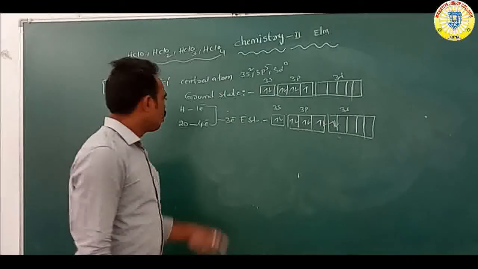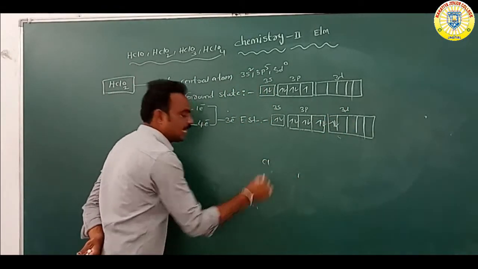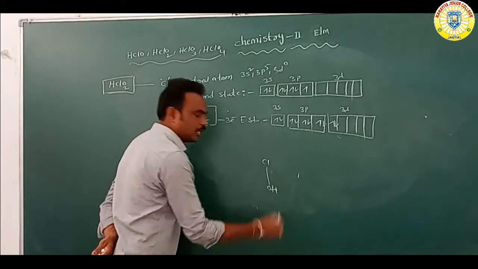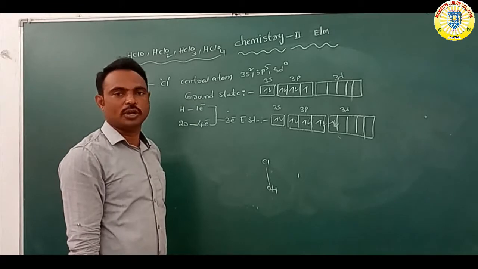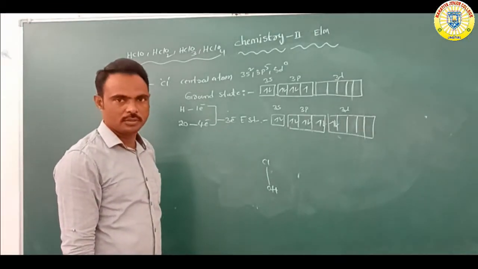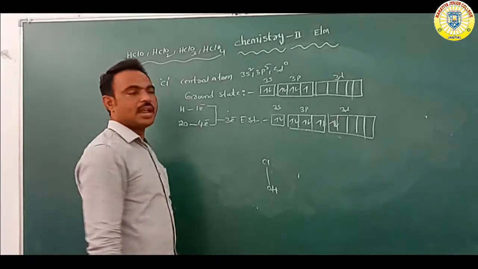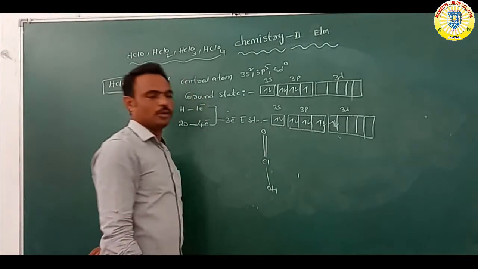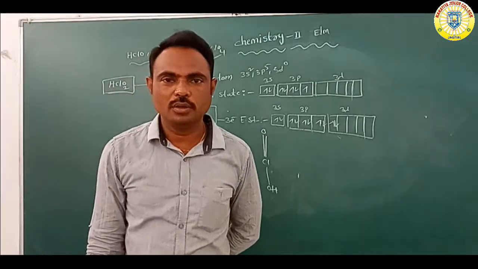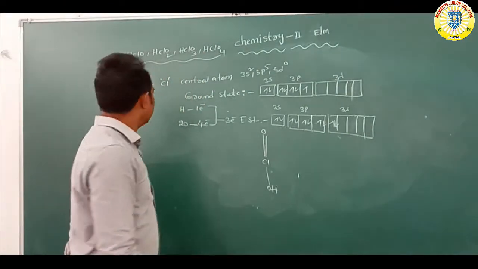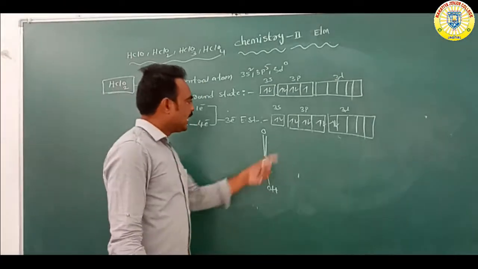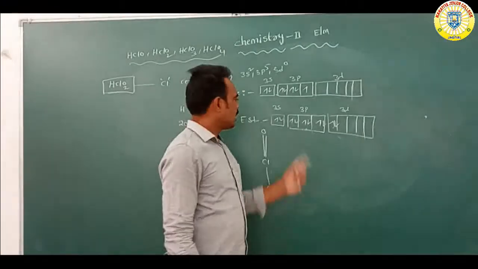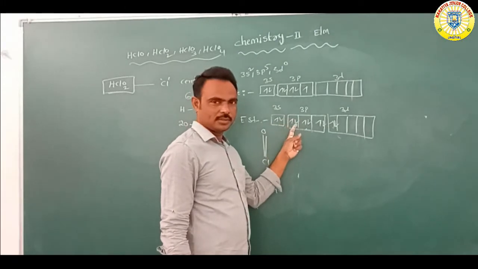Overall, chlorine is the central atom. It is attached to one hydroxy group with a single bond, or sigma bond. The remaining oxygen is attached with a double bond, Cl double bond O. So overall 3 bond pairs and 2 lone pairs.